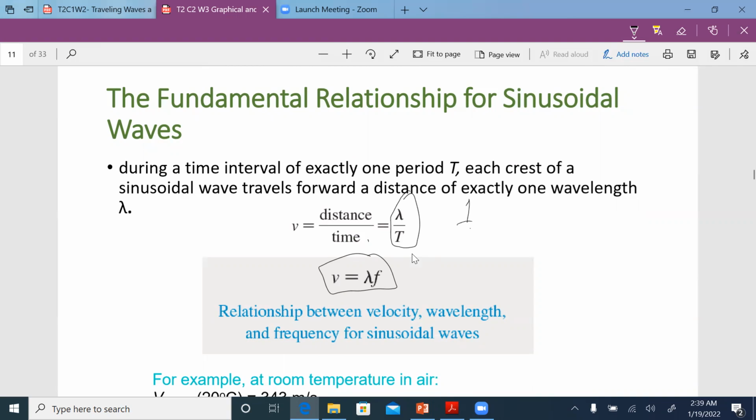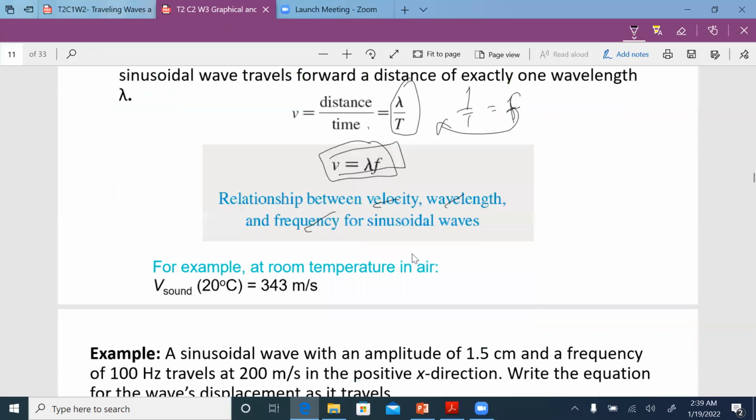And we know that 1/T is also Hz. So if we substitute that into this equation, we have v equal to lambda f. So this is the relationship between velocity, wavelength, and frequency for a sinusoidal wave. Okay. So we should just take note of this, the reason being that we use this for calculation.